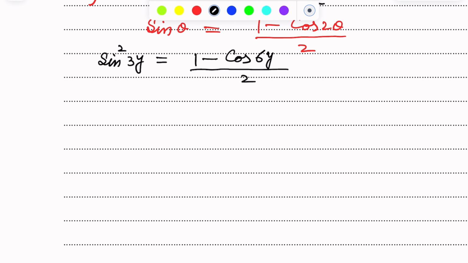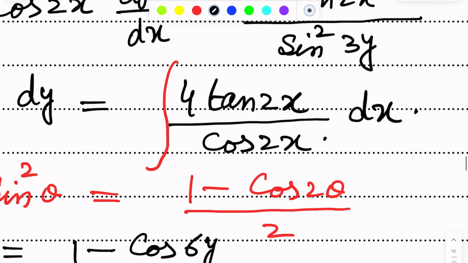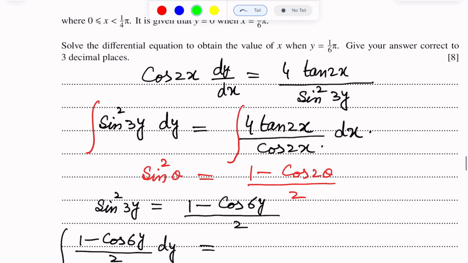Now this becomes integration of 1 minus cos 6y over 2 with respect to y is equal to, from the right side, we are taking 4 because 4 is a multiple.